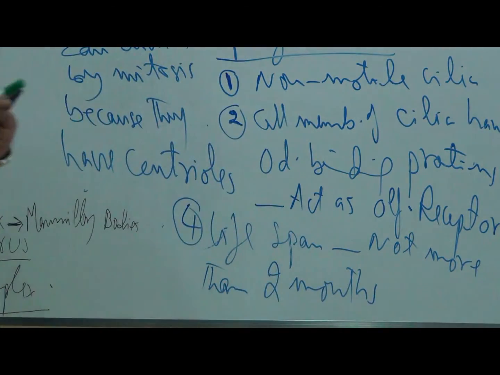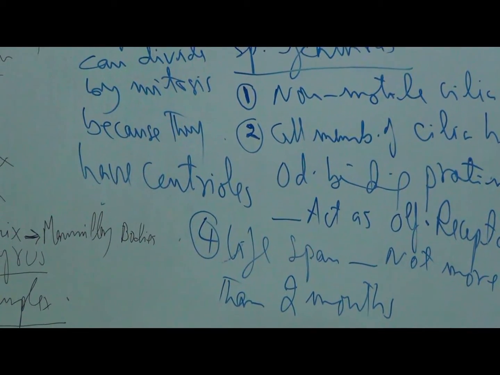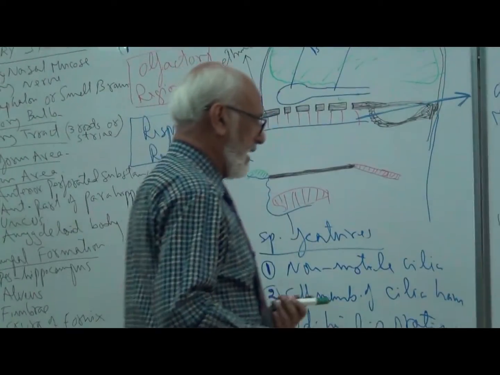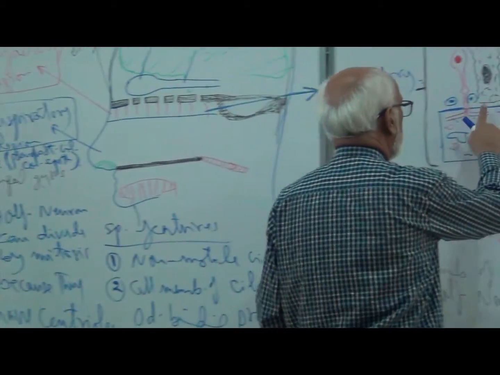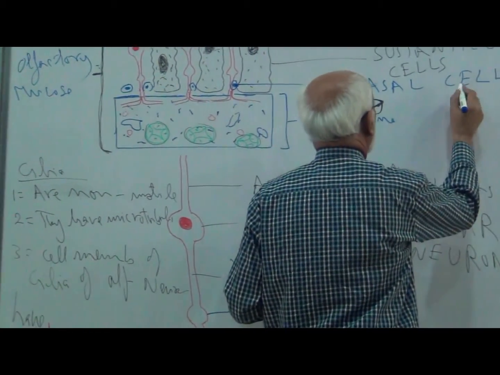The lifespan of an olfactory neuron is not more than 2 months. They die, and they must be replaced. They are replaced by these basal cells, which are also believed to be stem cells.